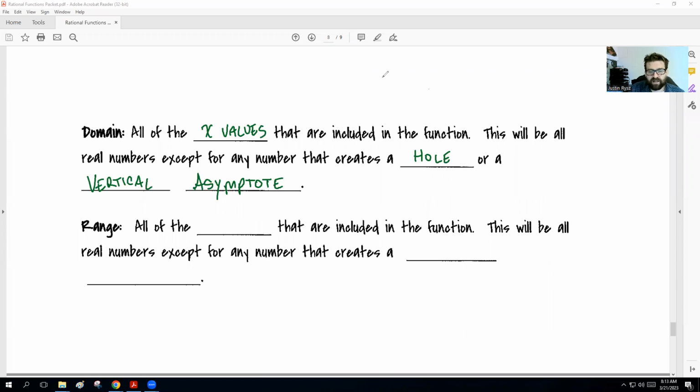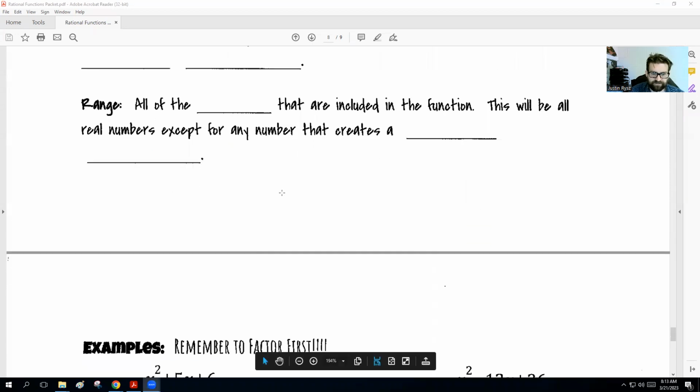The range, on the other hand, is a list of all the y values. That'd be any real number except for the ones that create a horizontal asymptote. So this is why when we looked at the discontinuous points, we said x equals, and for horizontal asymptotes, we've been saying y equals, because it correlates to the domain and range.